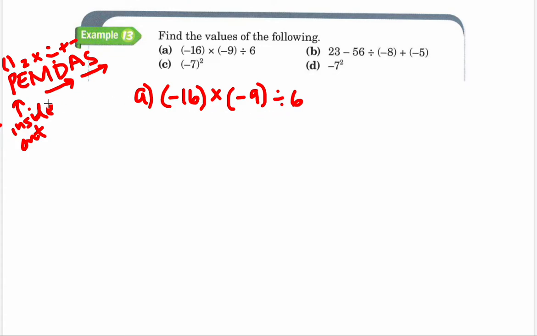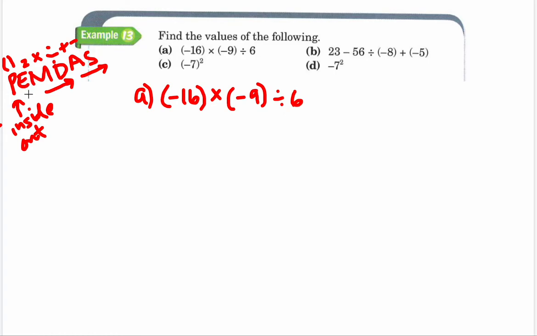You don't actually do anything with your order of operations. It's just there to make sure that those two are together because they have to stay together. Make sure they don't get separated. All right. So like I said, we don't really need to do anything for the parentheses. There's nothing to solve inside. It's just telling you negative 16 and negative 9. So we don't have to do anything for parentheses.